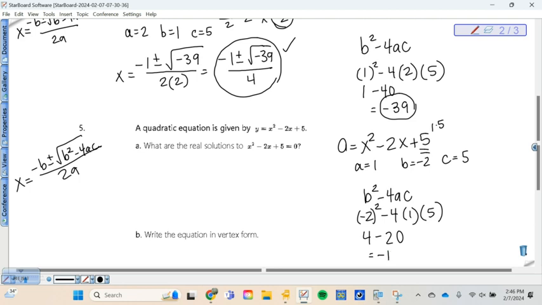Very good, negative 16. What does it mean if I have a negative discriminant? So are there any real solutions? Only 2 imaginary solutions.